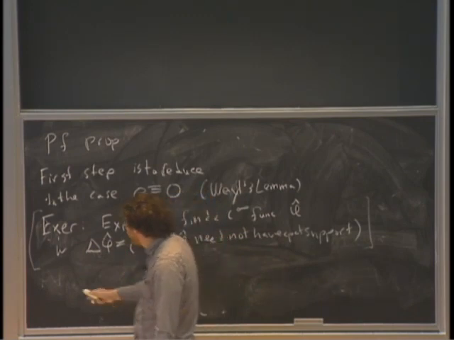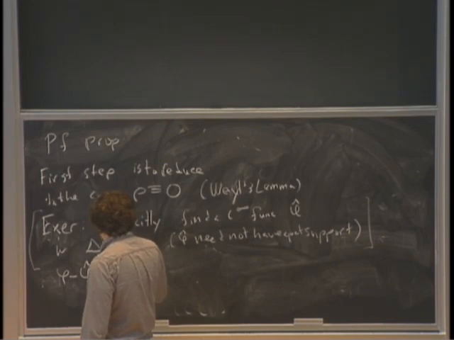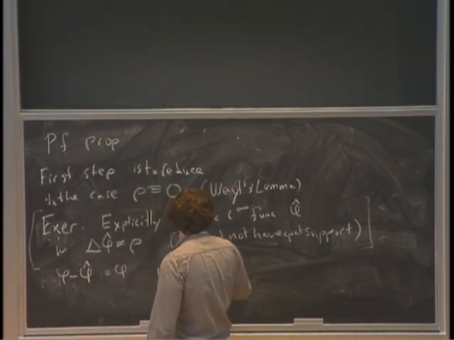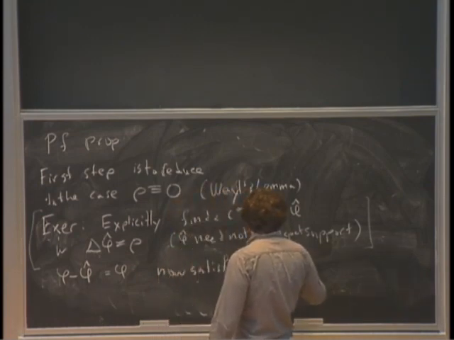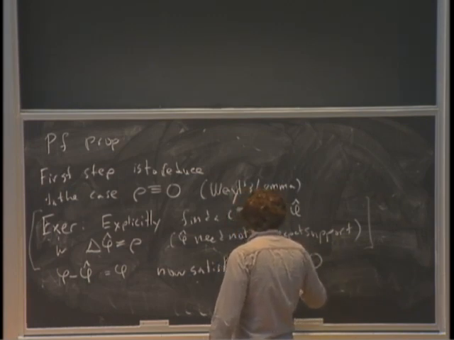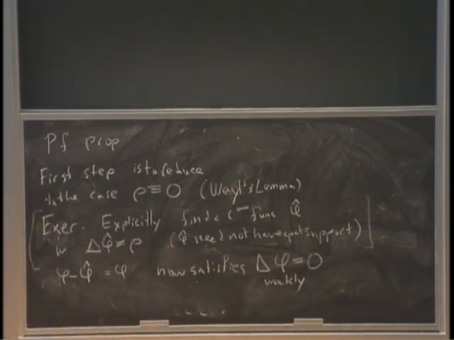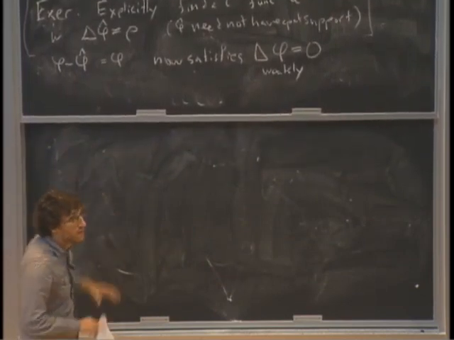But now, if we look at phi minus phi hat, which we'll just call phi now, it satisfies Laplacian phi is equal to 0 weakly. And because omega is bounded, we haven't changed that we're in L2. So we've reduced the problem to this simpler problem, modulo proving there exists such a solution.